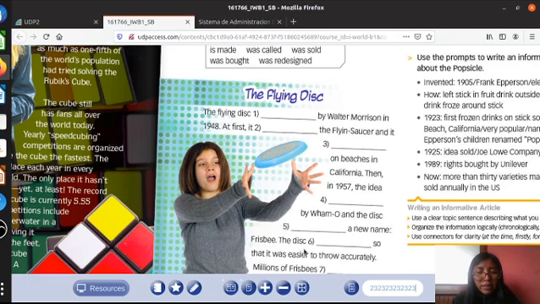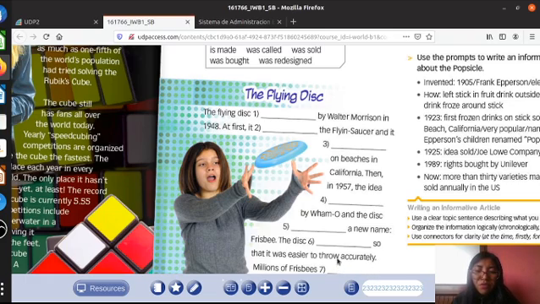The disc. Okay, so pay attention to the words that we had already used. Presta atención a las que ya utilizamos, ¿no es cierto? Y vamos aquí. A ver, the idea was bought by Wham-O and the disc was given a new name, Frisbee. The disc, okay, was redesigned so it was easier to throw accurately.